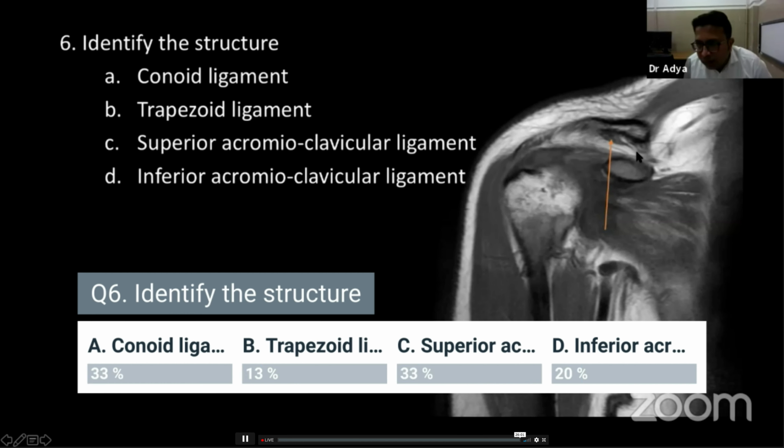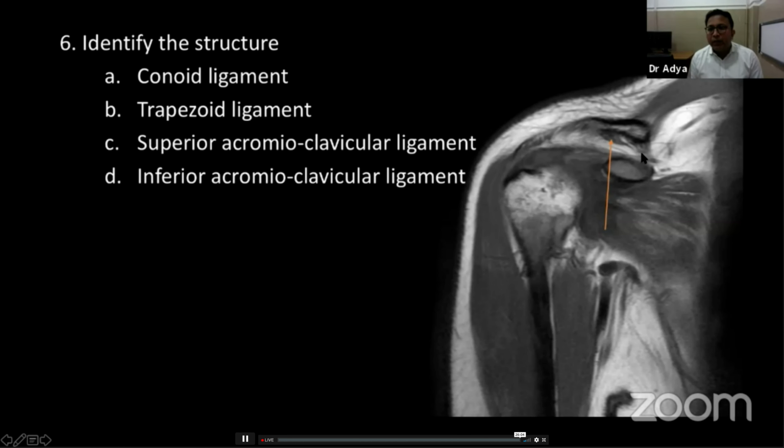It has two parts: a medially placed bundle which goes towards the conoid tubercle of the clavicle, known as the conoid ligament, and a laterally placed band which inserts into the undersurface of the clavicle at the trapezoid ridge, known as the trapezoid ligament. This coracoclavicular ligament is the main stabilizer of the acromioclavicular joint. So the answer is trapezoid ligament, B.